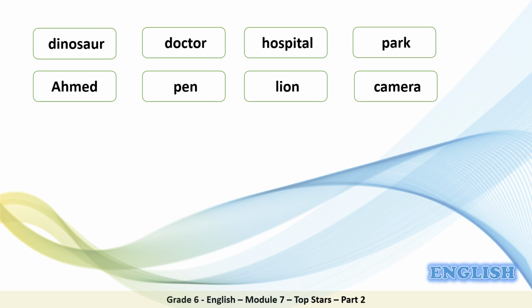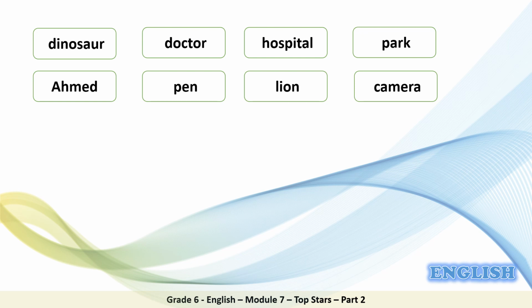Let's start with this activity. We have 8 words. Can you read the words and think, what are they? Dinosaur, doctor, hospital, park, Ahmed, pen, lion, and camera.